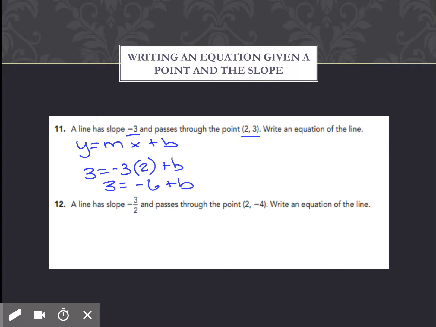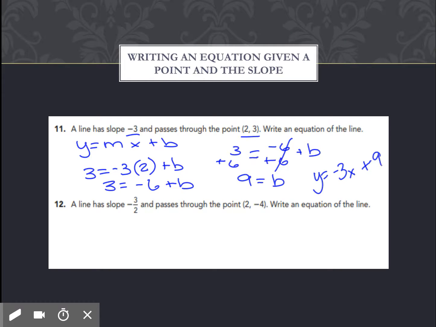So we're going to add 6 to both sides. So I have 3 plus 6 on this side equals -6 plus 6, because that cancels out. So our answer is 9 equals b. So the equation of your line would eventually be y equals -3x plus 9.